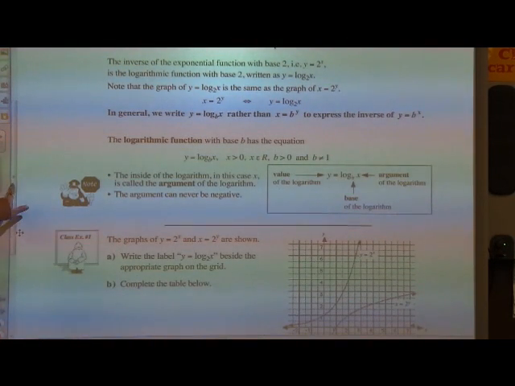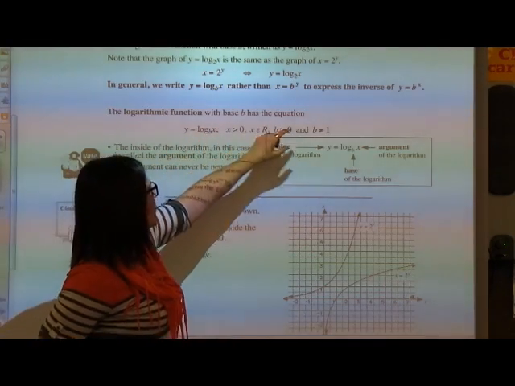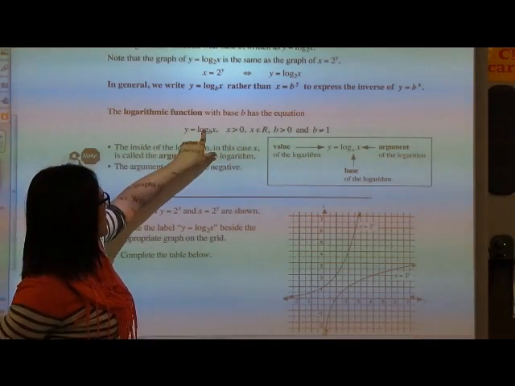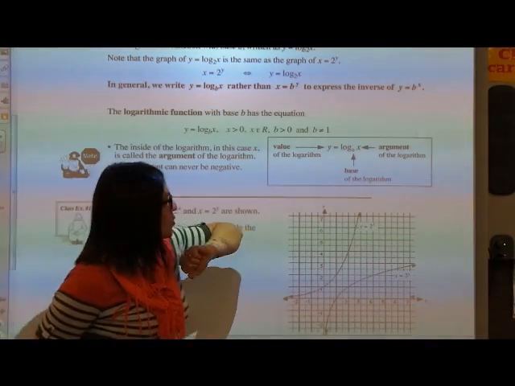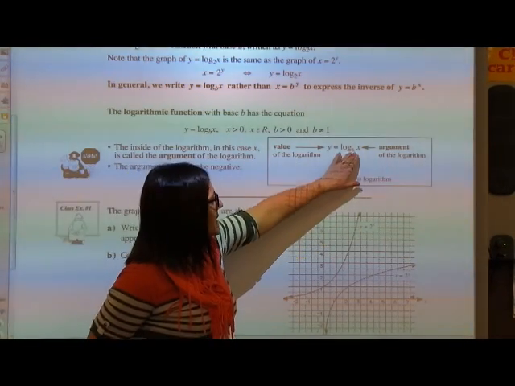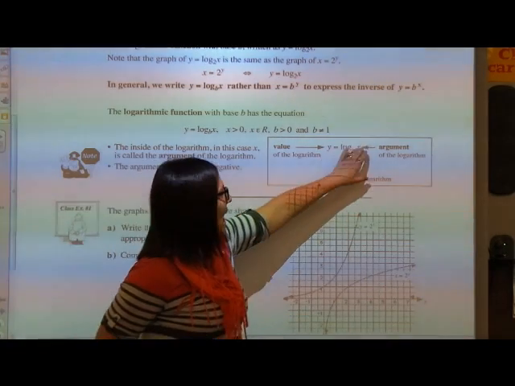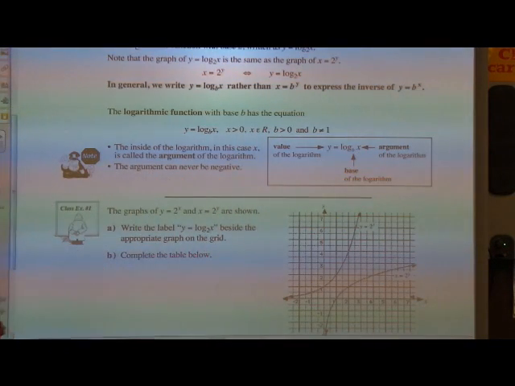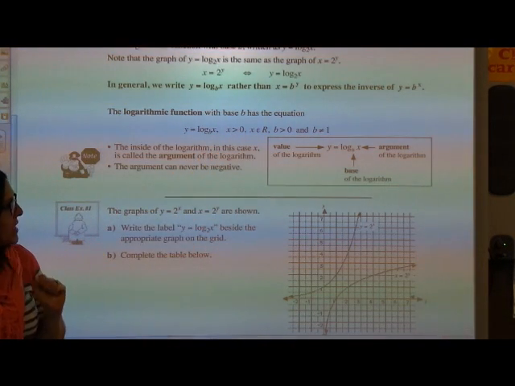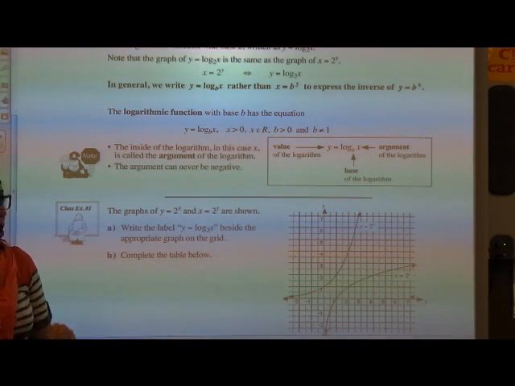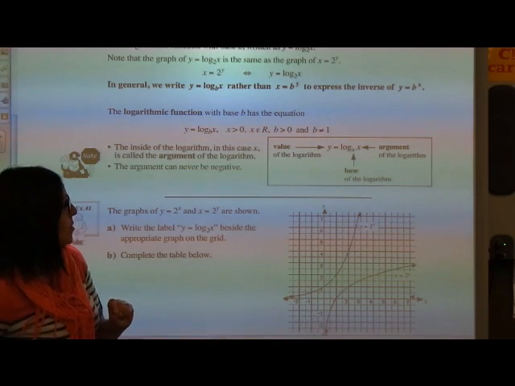A logarithmic function has a base of b. The equation is y equals log base b of x. Y is the value of the logarithm, b is the base of the logarithm, and x is the argument of the logarithm. In the logarithm, the value of x has to be greater than 0. You cannot take the log of a negative number.